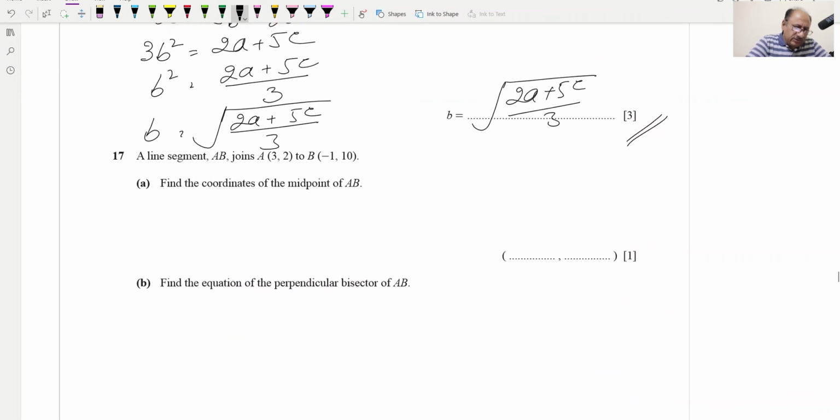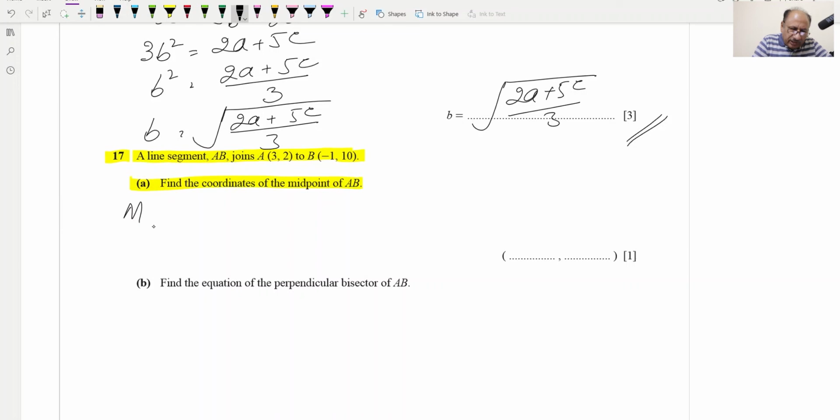Now question number 17. Question 17 says a line segment AB joins A and B, these 2 points, coordinates are provided. A part, find the coordinates of the midpoint of AB. Midpoint formula, we know we are adding the respective coordinates.